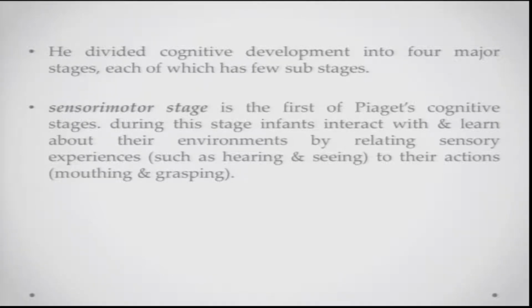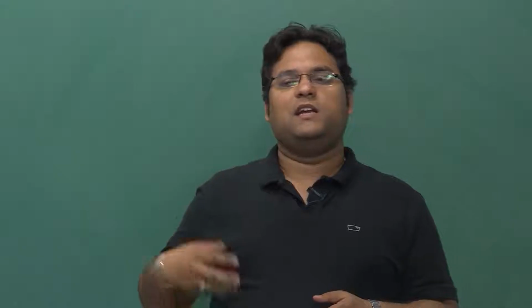The first stage that Piaget talks about, in the first year of the child, is the sensory motor stage. During this stage, the infants interact with and learn about their environment, be it about dogs or hot cups and stuff like that. They gain more and more information about the environment by relating their sensory experiences to their actions.